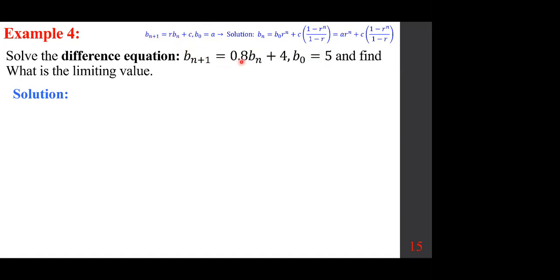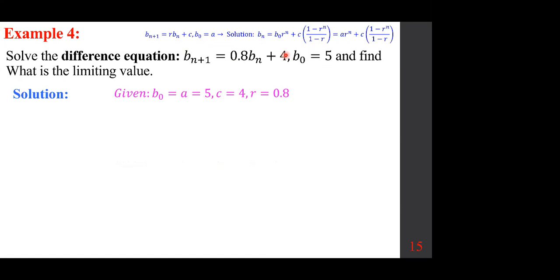R b sub n, so R is 0.8. Plus C, plus 4, so C is 4. I hope everybody can see that. We are comparing and we are making a decision. It's very straightforward. I hope everybody is okay with that.